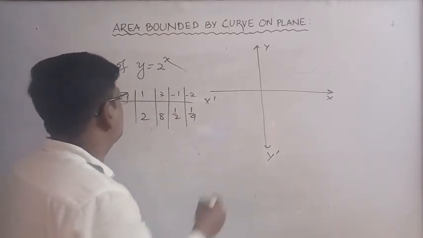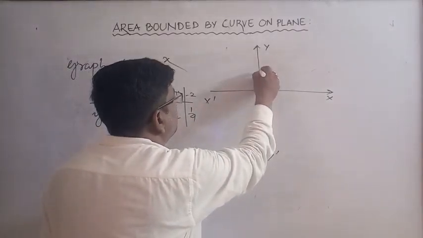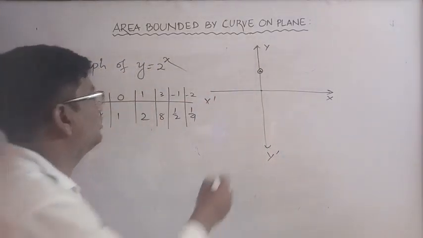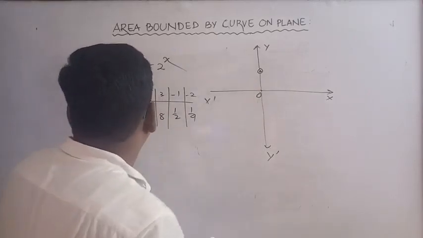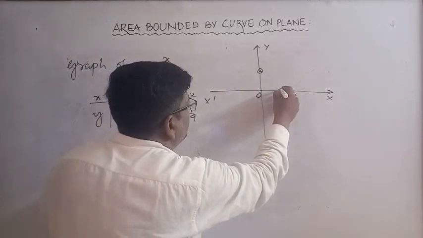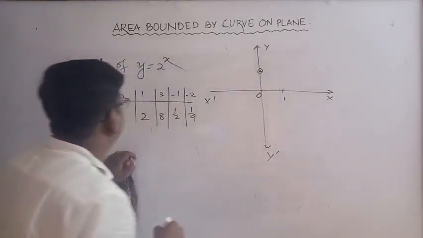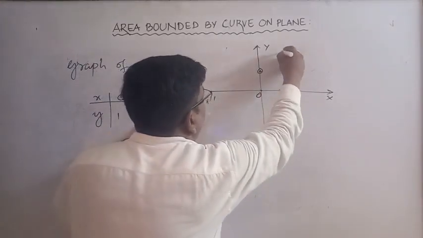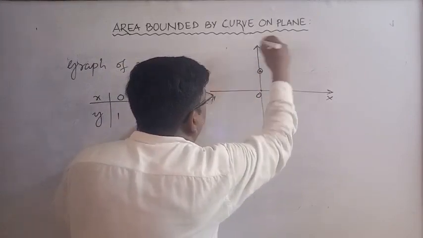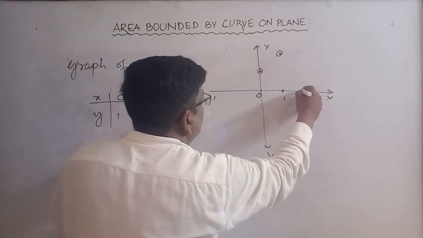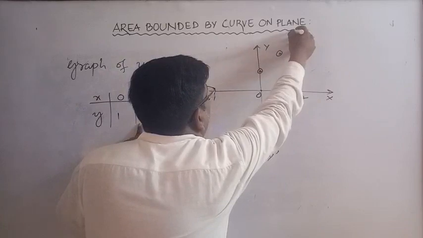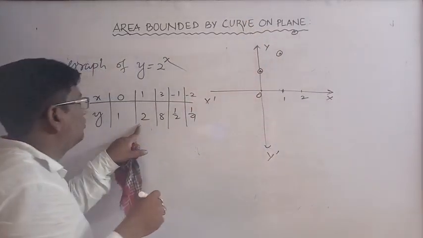If x is equal to 0, then y is 1, this point; this is the origin. x is equal to 1, y is equal to 2. x is equal to 2, y is equal to 4, like this.